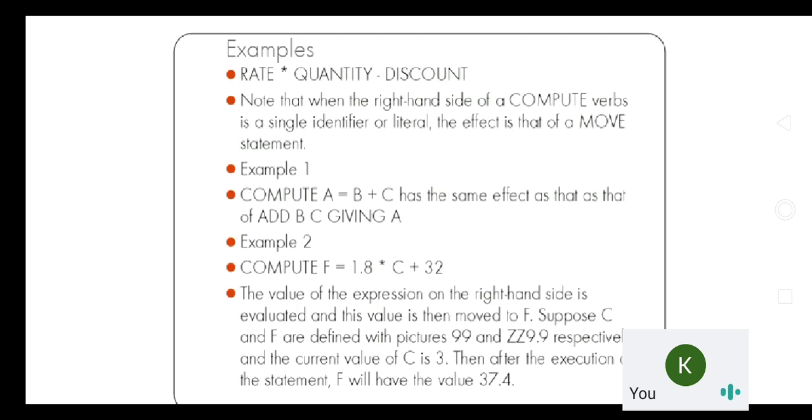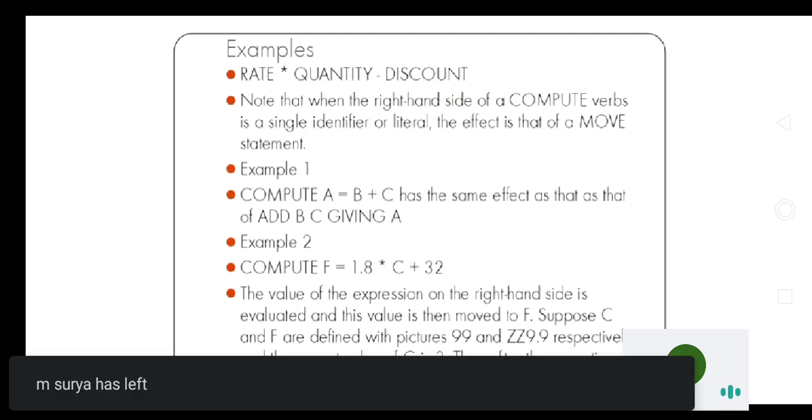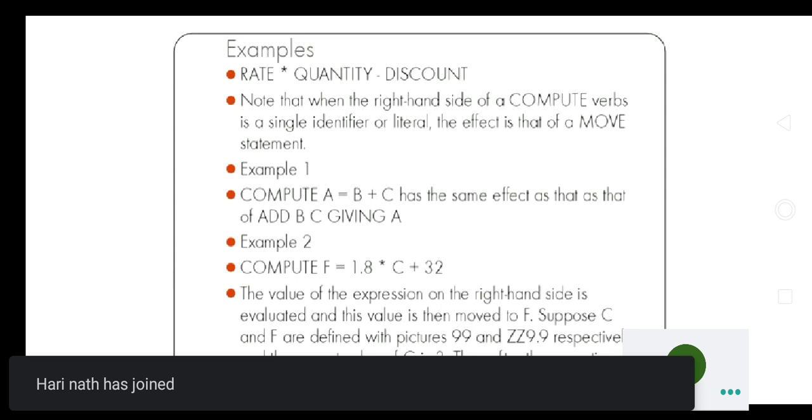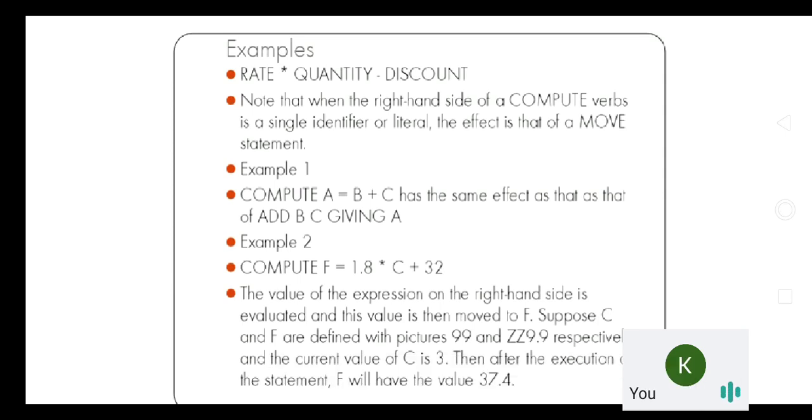So here the important points related to the compute verb are that the compute verb is used to integrate or coordinate the operators and operands in a single expression. And then we have some rules to be followed while using the compute verb. The first rule is leaving spaces between operators and operands, which is one of the important rules.